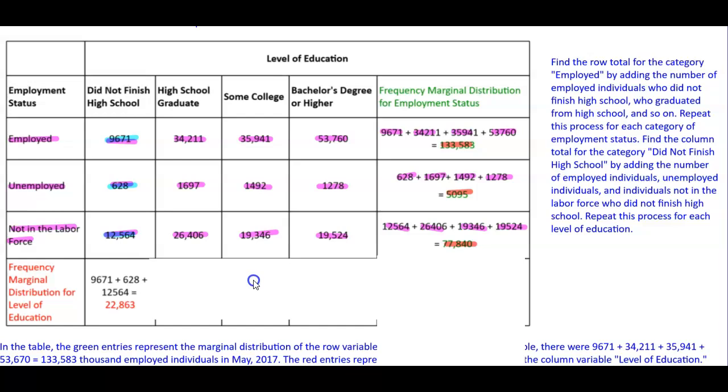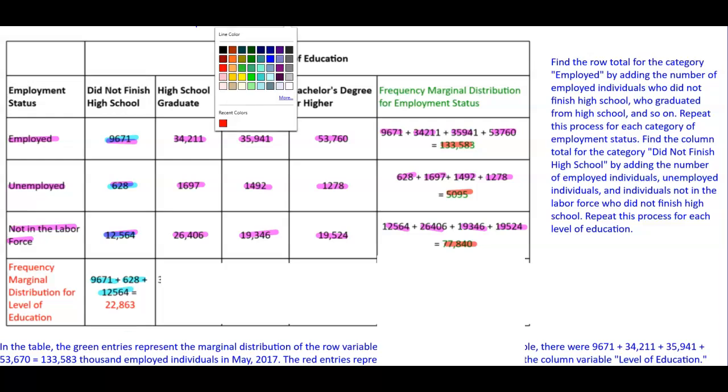Well, again, the title of this is the frequency marginal distribution for the level of education. So we're going to add 9,671, 628, and 12,564. And again, that total is going to give us 22,863.